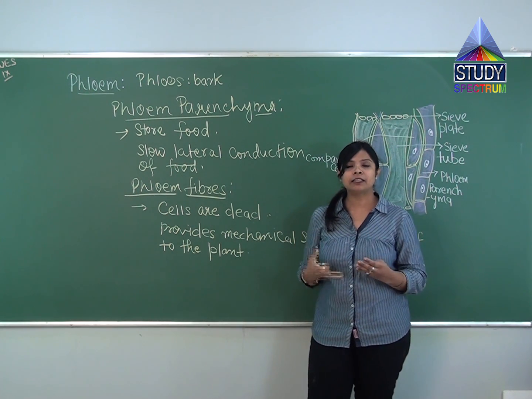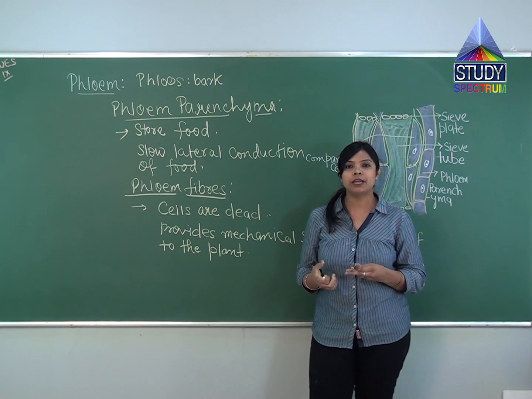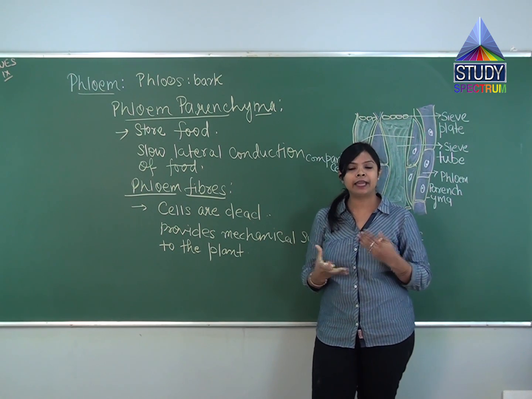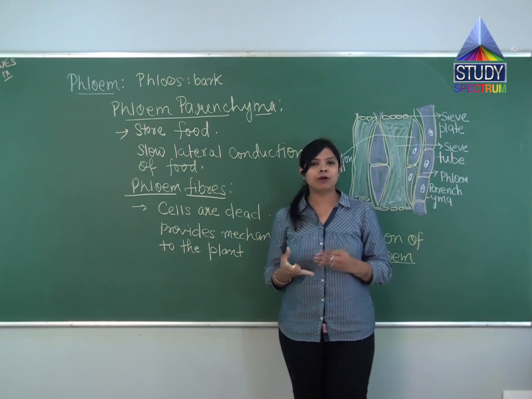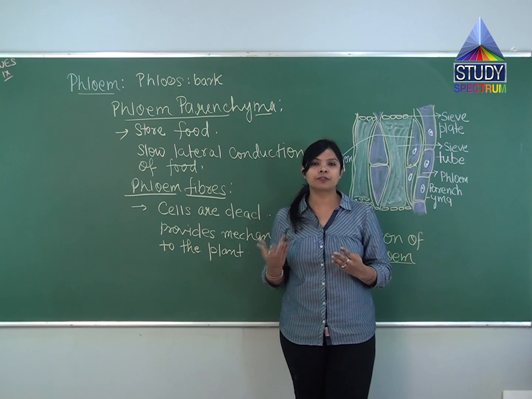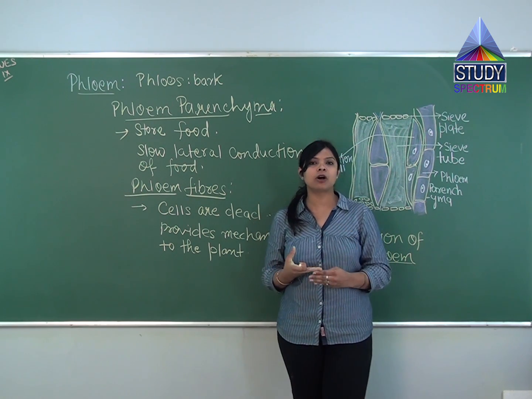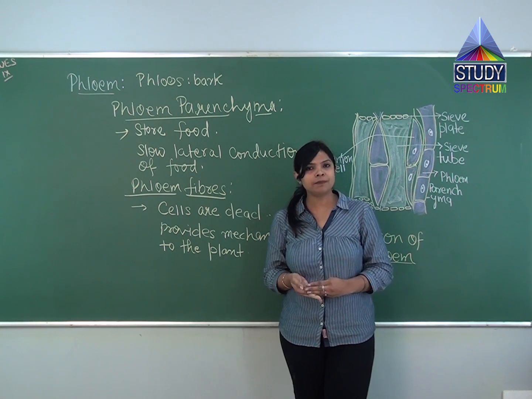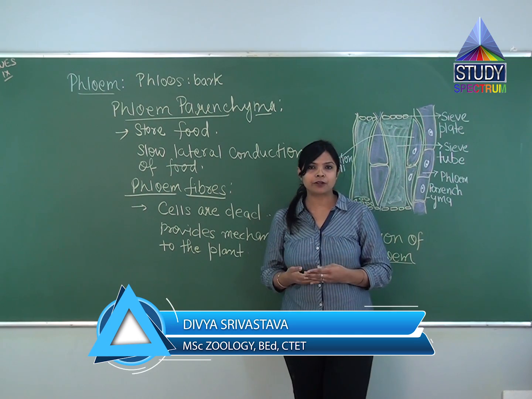Now, what is the basic function of phloem? It helps in the conduction of food. Basically, it transports the food which is photosynthetically prepared by the plant to the storage organ of the plant, and from the storage organ it reaches the growing parts of the plant.